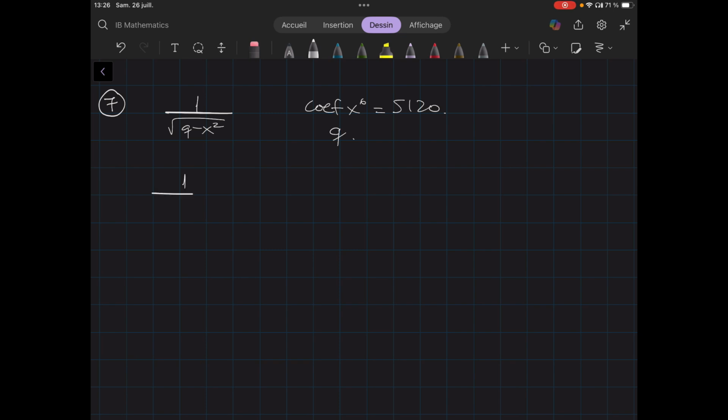First up, 1 divided by this expression is Q minus x squared to the -1/2.